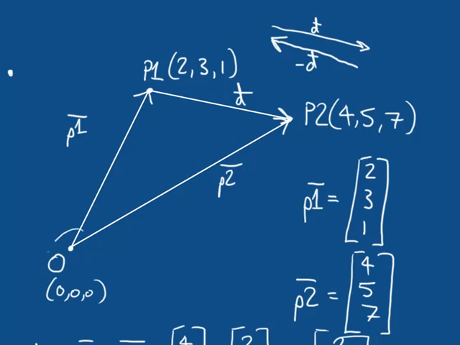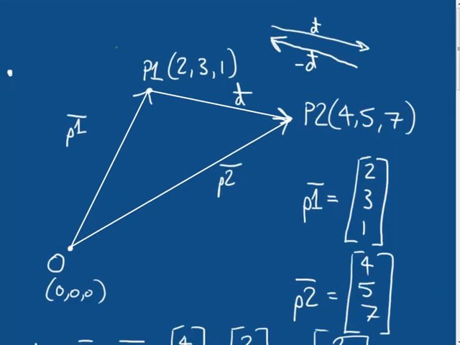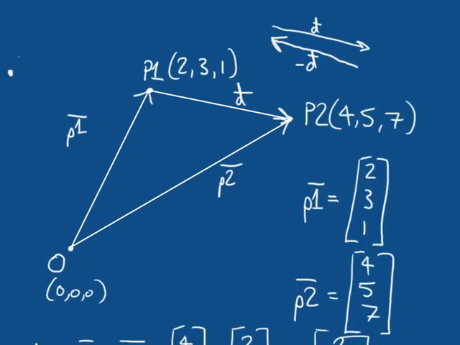So that means starting at the origin, we're traveling along P1, and then from the point P1, we're traveling in the opposite direction of D, but for the length of D, which approximately, if that's the length of D, is going to take us approximately over here, giving us this point out here.